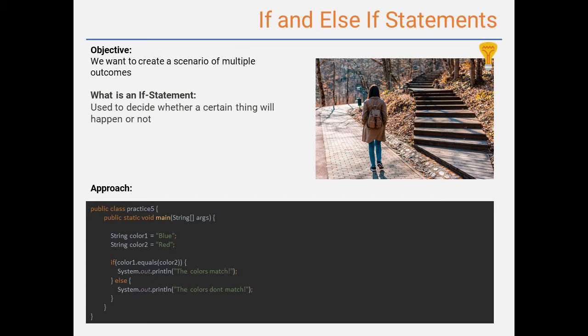If they are not equal to each other, or else, print the colors don't match. That's a way that you can read the if statement. In this approach, the code will go to the colors don't match because color 1 is not equal to color 2.